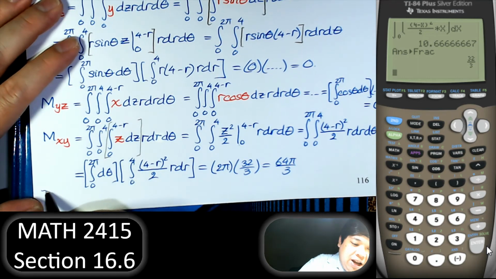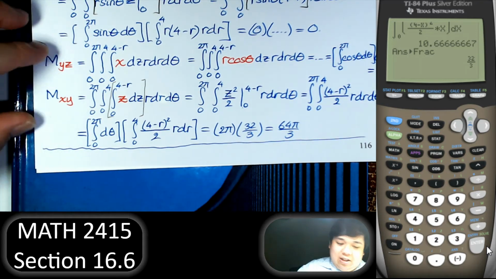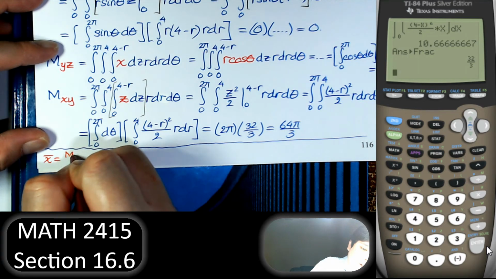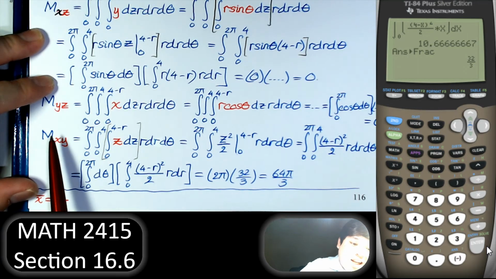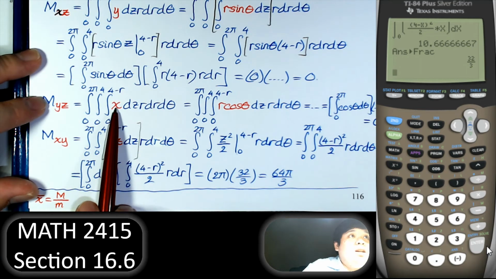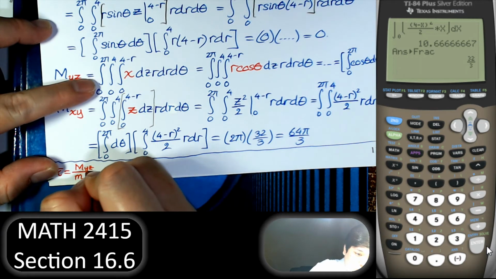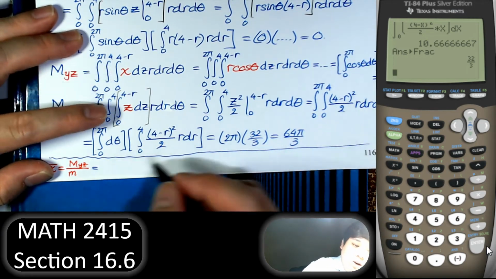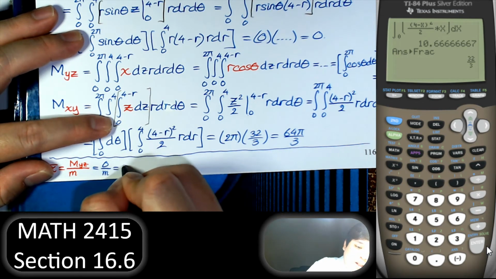Right, so we have that. Finally, the center of mass. X bar is the moment divided by the mass, the moment where we stick an x to it. So the moment with respect to the yz plane is 0. The mass doesn't matter, it will be 0.